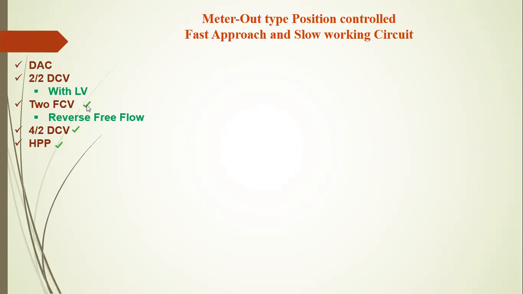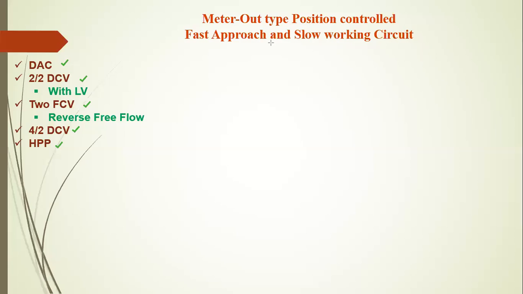Then we require two FCVs to control the flow of oil inside the hydraulic circuit for the fast and slow working positions. One 2 by 2 direction control valve with limiting valve is required to give feedback to the FCVs, deciding which one is operated, FCV1 or FCV2. Then we require one double acting cylinder for operating the workpiece and cutter.